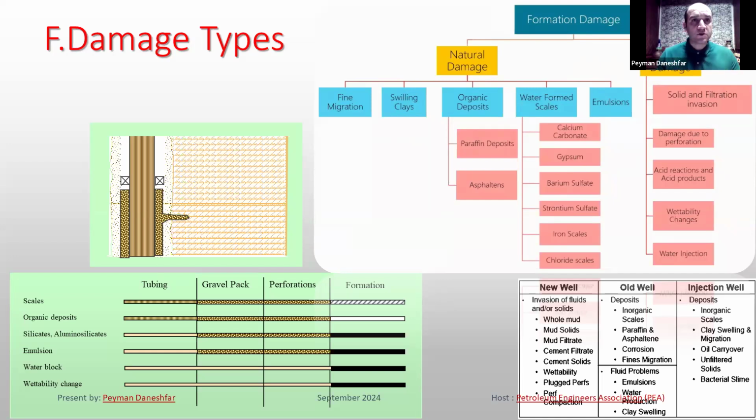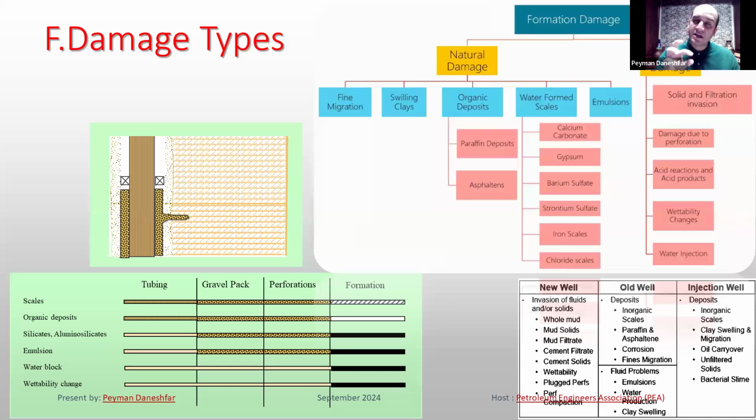This table is important for us because you should consider all the parameters. Where may the scales occur? The scales can be in the tubing, in the gravel pack, in the perforations, in the formations.